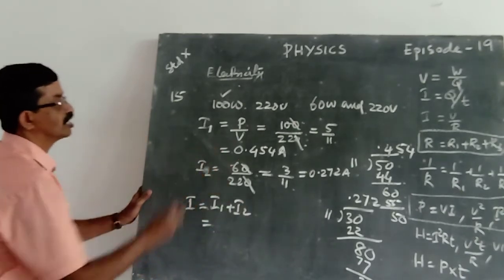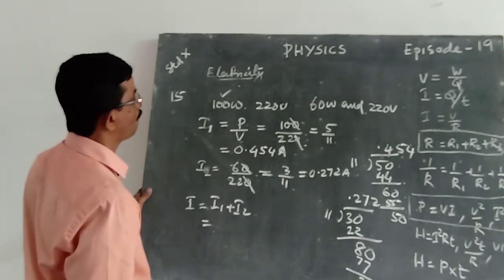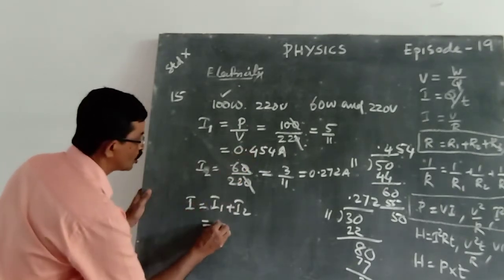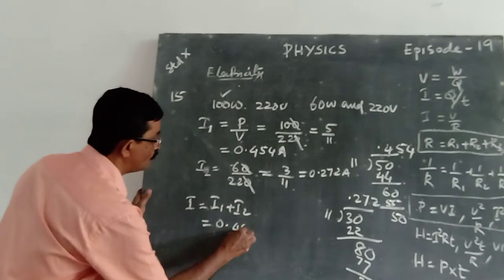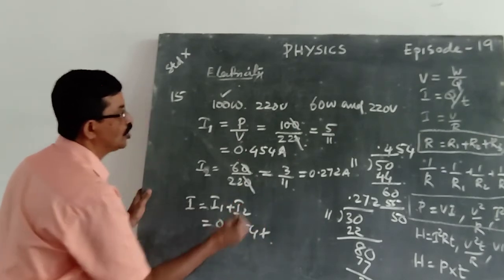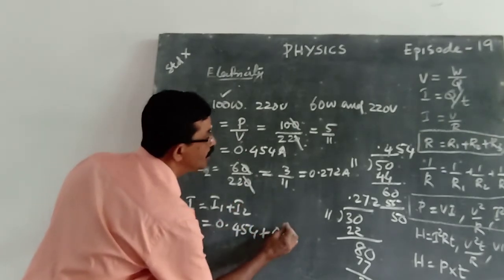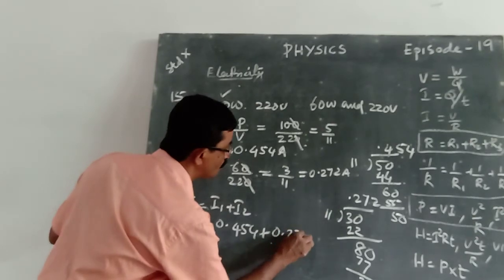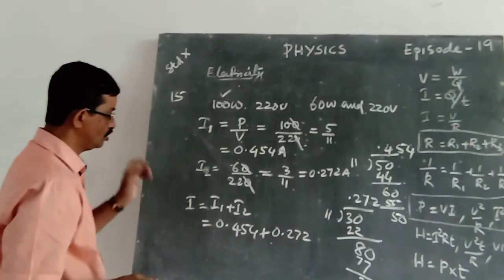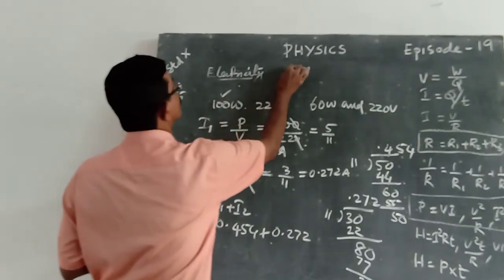So the total current in the circuit, I is equal to I1 plus I2, that is 0.454 plus 0.272.